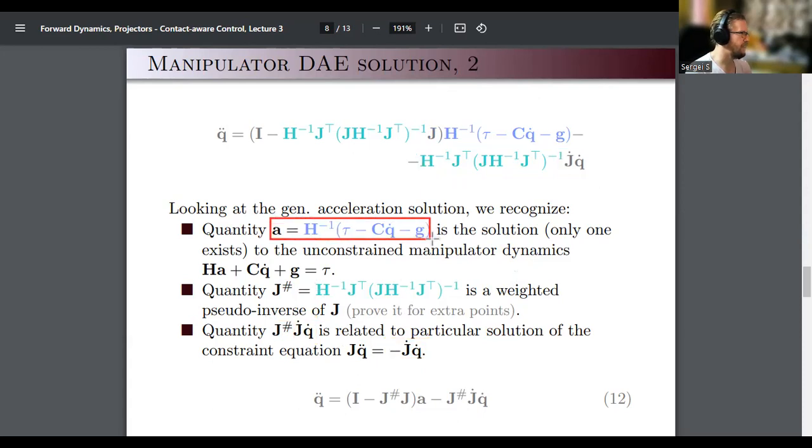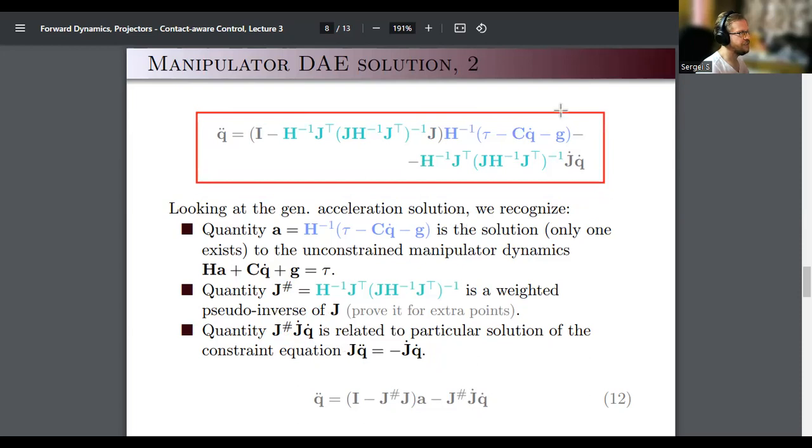So just as this guy is the one solution that exists to the unconstrained manipulator dynamics, in the same way, here what we're dealing with is some kind of particular solution to this equation, except we use a weighted pseudo-inverse instead of the pseudo-inverse of this guy. So what I'm trying to say is that this whole thing makes sense, and we can rewrite it in this fashion. Let me show you.